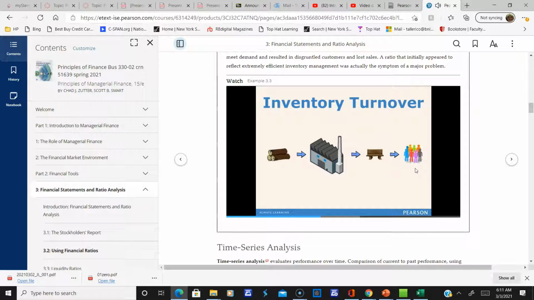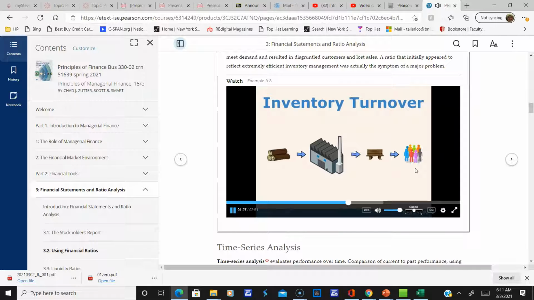Turning inventory over rapidly is often a sign that managers are running the firm in an efficient manner. Inventory that needlessly sits on the shelves or in a warehouse does not contribute to the firm's profitability. So companies generally try to hold only the inventory that is required to meet customer needs.